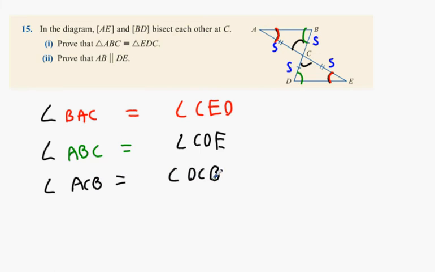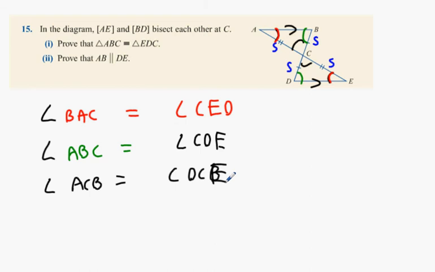If both triangles have exactly the same angles as each other, this means that AB should be parallel to DE. Is that right? Because they're congruent and they have the same angles as each other, so they should be parallel. Yeah. Yes, it is DCE. Good, well done.